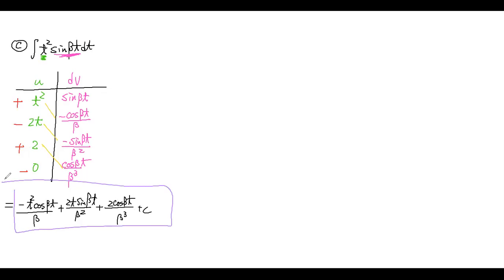Now let's take a look again and try to do part D. I think pretty soon you will be very good at it. Part D is here: the integral of z cubed e to the z dz.